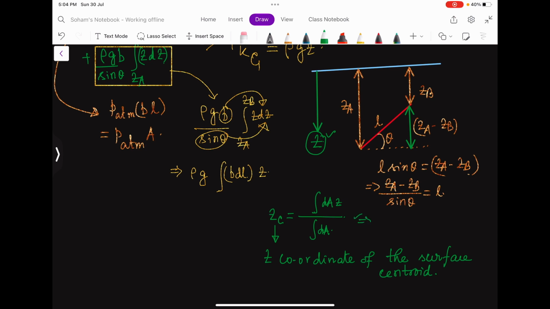So integral of z dA is directly z of c into integral of dA.